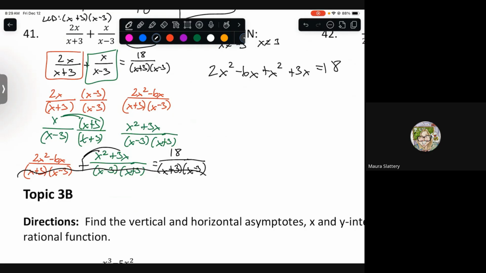So now I'm going to combine like terms that are on the same side here. So I get 3x squared minus 3x is equal to 18. Now this is a quadratic. The way that we solve quadratics is we get them set equal to 0 and we factor, generally I should say.